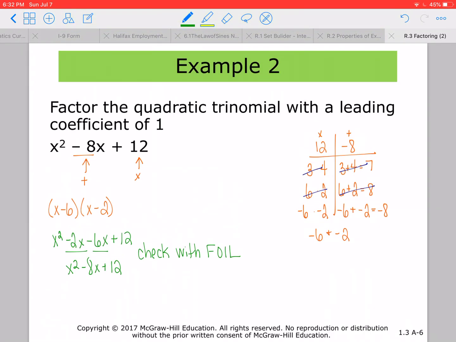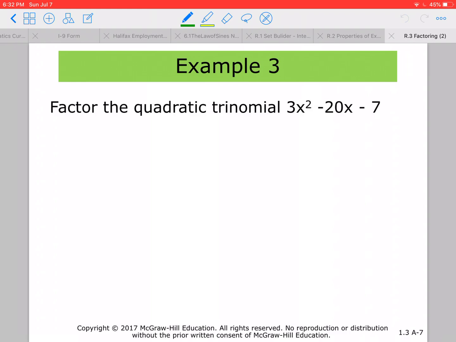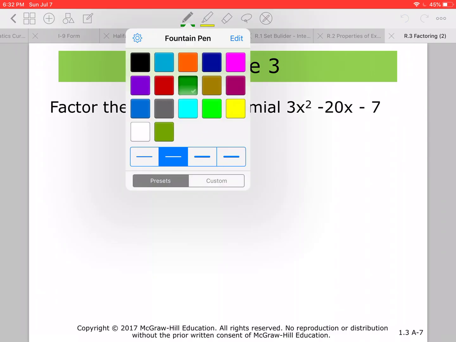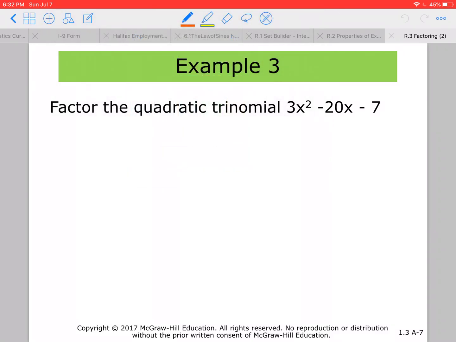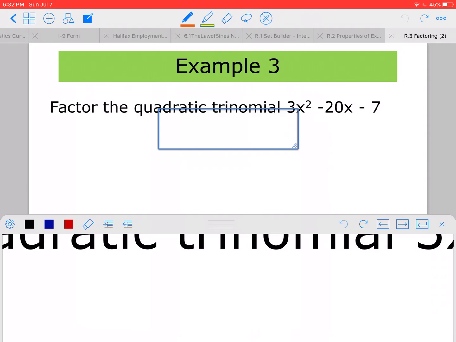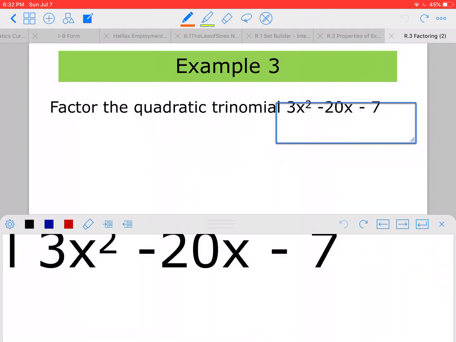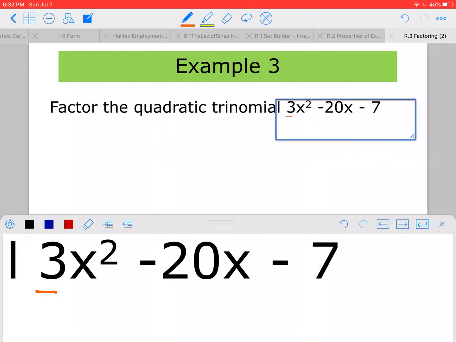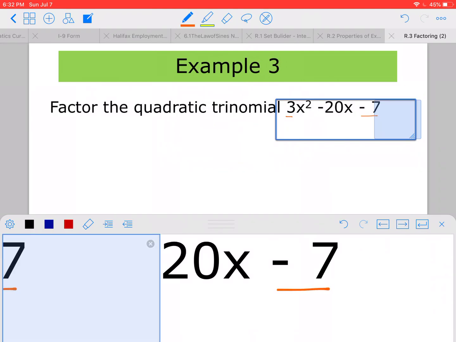Okay, so let's get into the nitty-gritty here. Let's look at an example where we have to factor with a leading coefficient that is not 1. So what we do with this is we take our leading coefficient and our last value there, and we're going to multiply those.